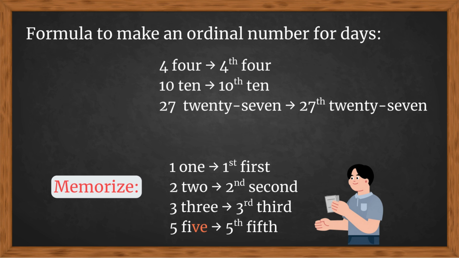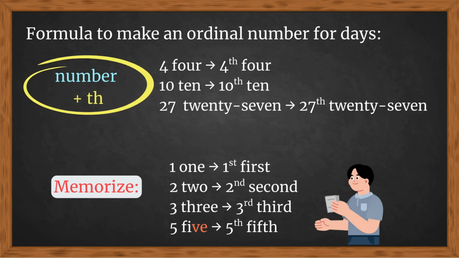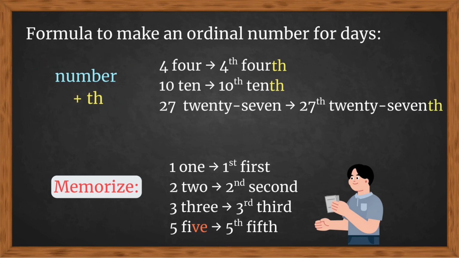Here is a simple formula to make an ordinal number for days. We take the normal number and add th. 4 becomes 4th, 10 becomes 10th, 27 becomes 27th. But some forms are special, so you must memorize them. 1, 1st, 2, 2nd, 3, 3rd, 5, 5th.